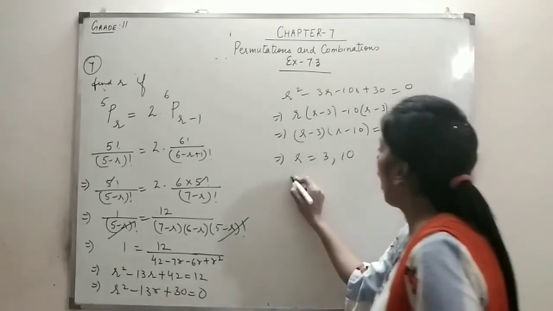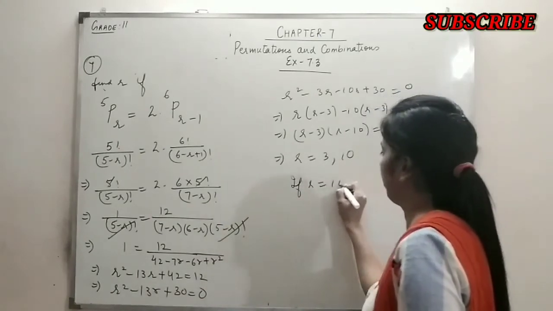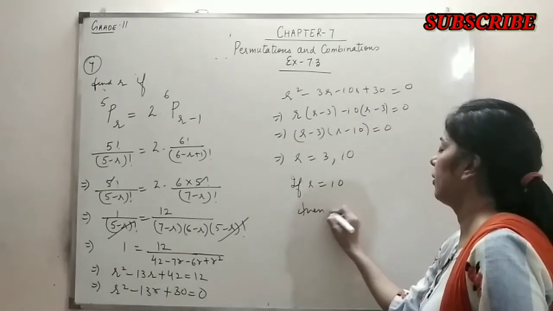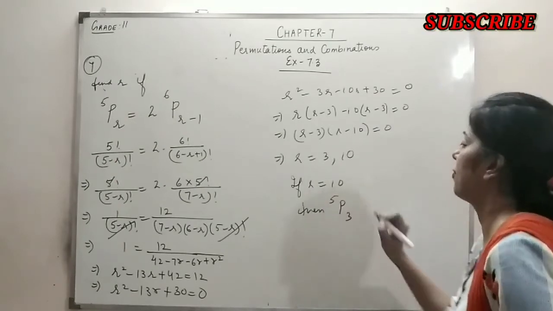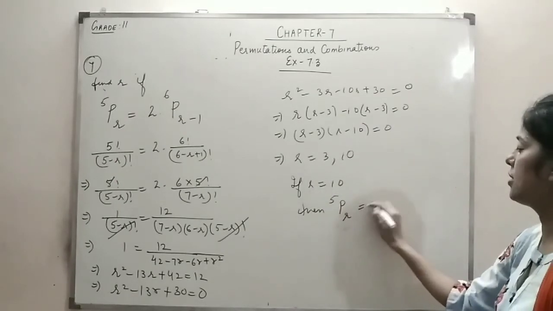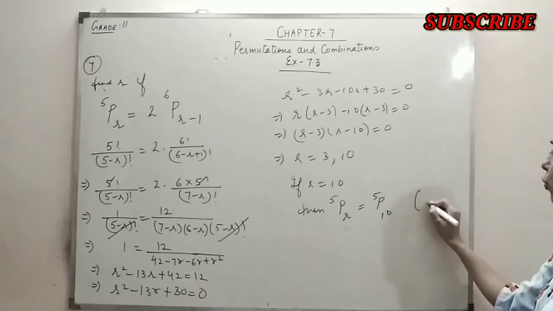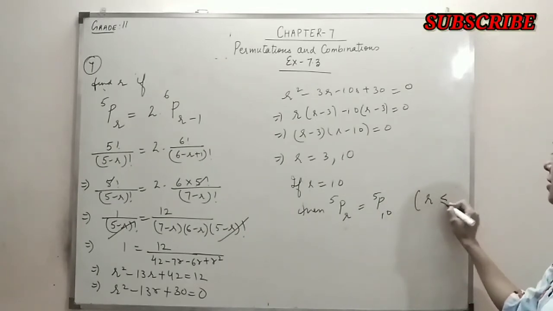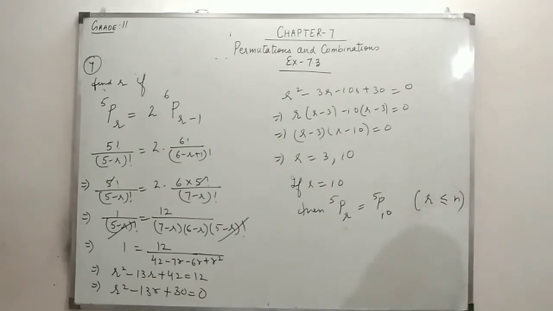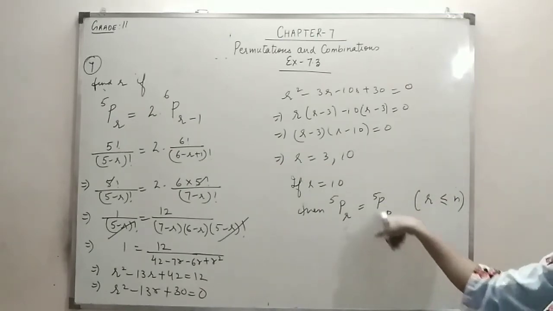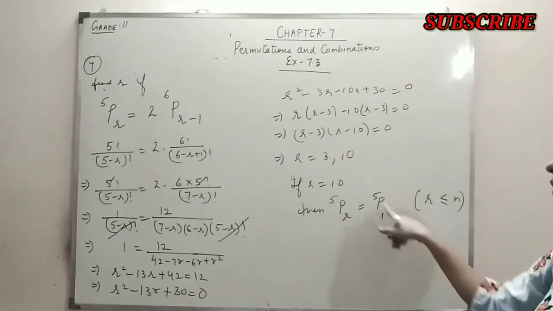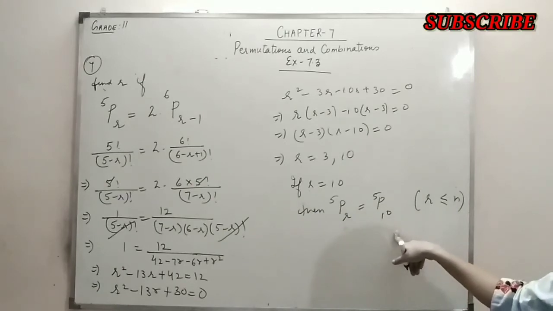If you take r equals 10, then permutation 5P10. Is it possible? We know that here r should be less than or equal to n only. So this is not possible because the value of r is greater than n.